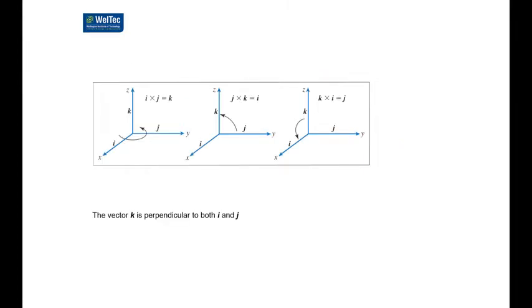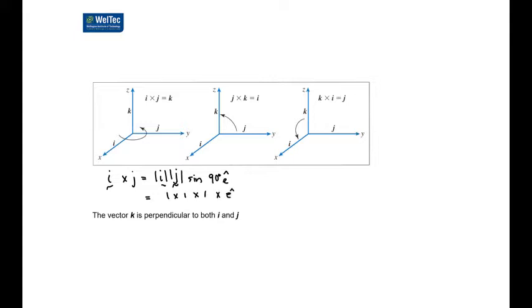Now some more on the unit vectors in each of the three dimensions, i, j and k. The angle between i and j is 90 degrees, so the cross product is going to be the length of i times the length of j times sine 90 degrees times the unit vector, which is 1 times 1 times 1 times e hat.